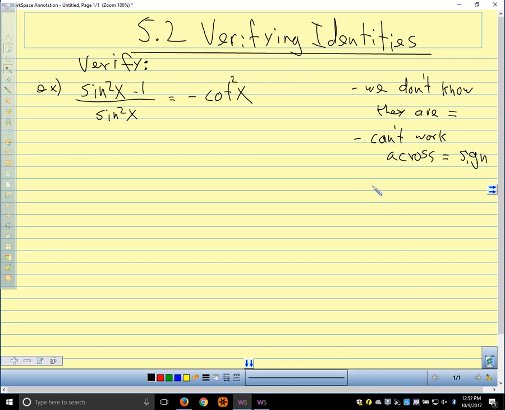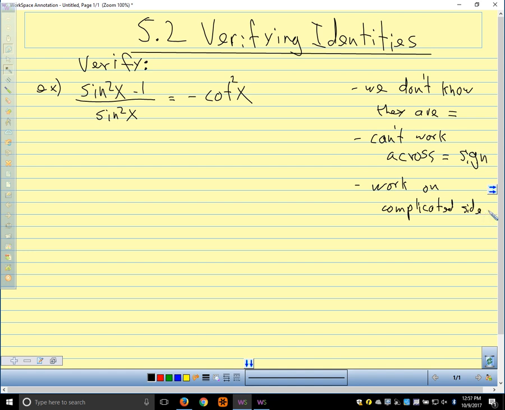And the way that we're going to do this is we do some work on one side of the equation to show that we can get it to look like the other side of the equation. With verifying identities there are not a lot of hard and fast rules, but in general, you want to work on the complicated side, because you have more to work with.